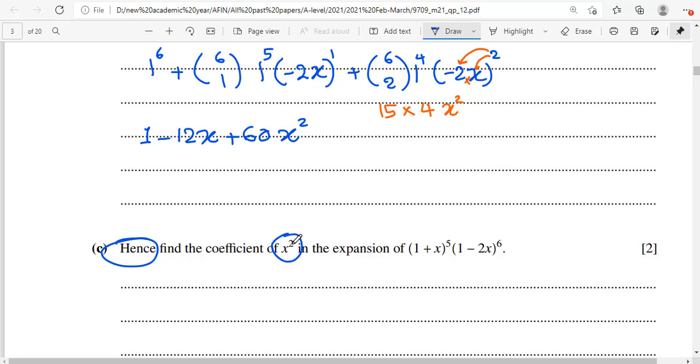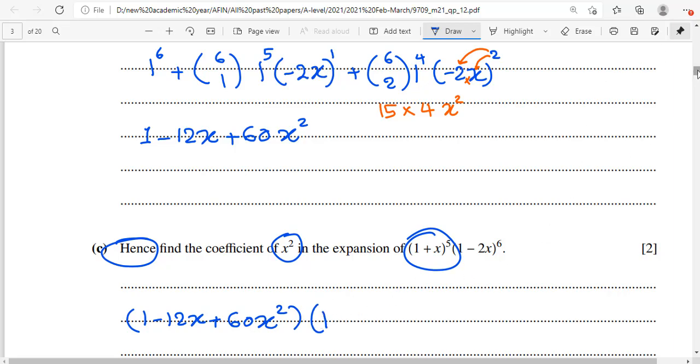Then x squared happens between these numbers, because the digit after that has x power 3. We don't need that. The one after that has x power 4. We don't need them. So we need these. 1 minus 12x plus 60x squared. We need this to be multiplied by the expansion of this we did in part A.